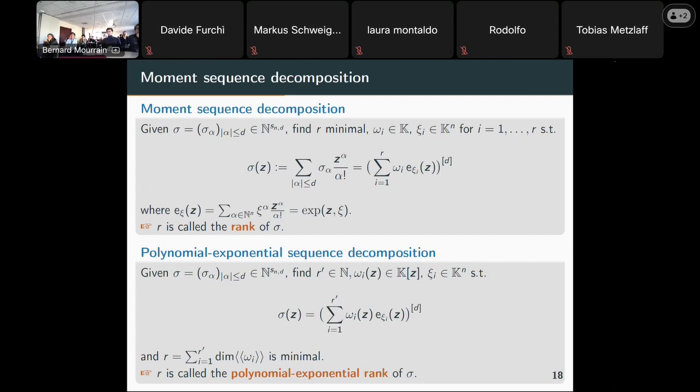But now we look at decompositions where this is not a constant, but a polynomial. So it's a richer decomposition. And of course, when we have this decomposition, the dimension is the number of omega_i, I mean, the rank here.